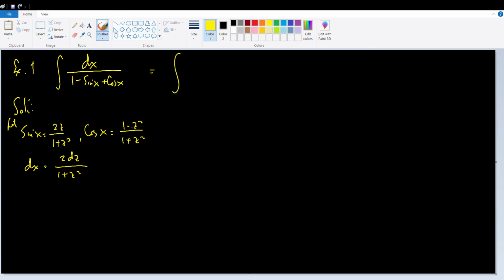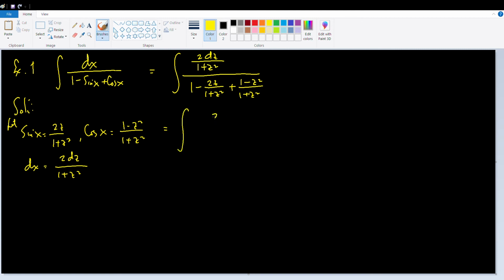So dx is replaced by 2dz over 1 plus z squared all over 1 minus sine x, or 2z over 1 plus z squared, plus cosine x is 1 minus z squared over 1 plus z squared. So what we have here is a complex fraction. We simplify.